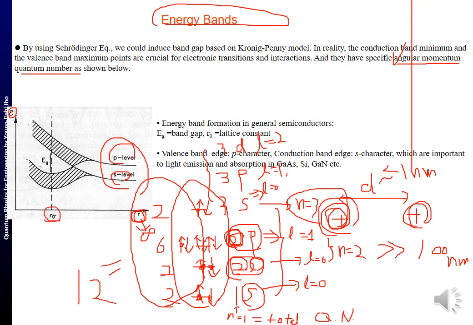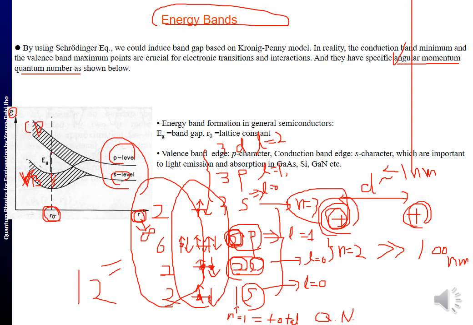When atoms are very close with each other, then there should be band formation in crystals. And let's say the average distance between atoms in this case is R0. Then there is band formation. This is a band. The lower band is called the valence band. The higher energy band is called the conduction band.